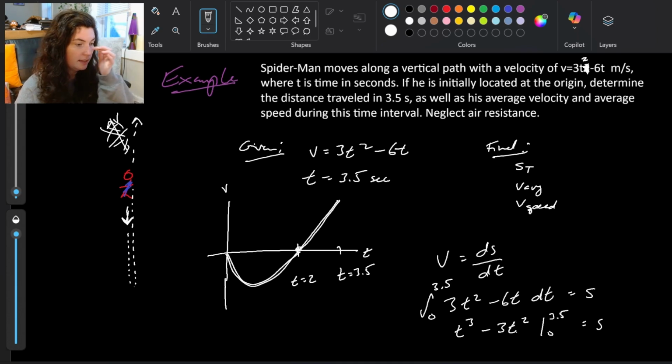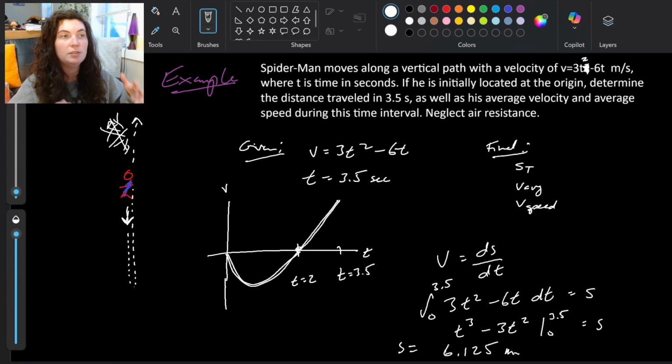And so if I plug in that 3.5 number, I think it's 6.125 is what I get in my calculator when I plug 3.5 into this position formula.